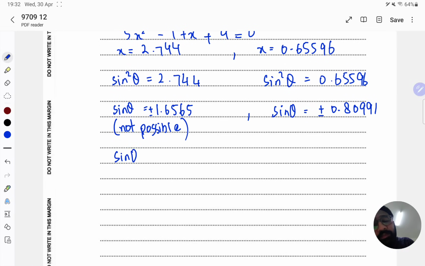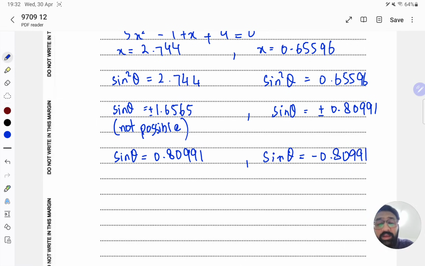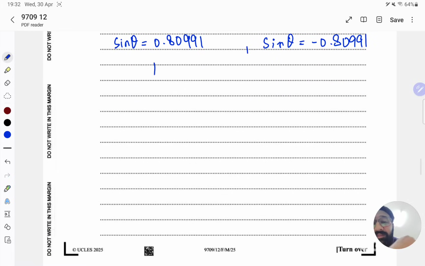I will write both the portions separately, one time positive and the other time negative. Sin theta equals minus 0.80991. Let's solve the left hand side first. So I have to find the alphas, the angles with the origin. Since the sign is positive here, sine is positive in the first two quadrants, so I will make both the angles.